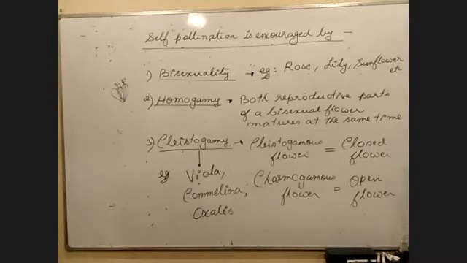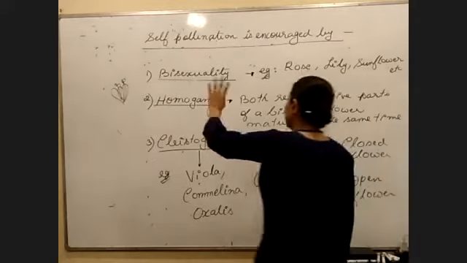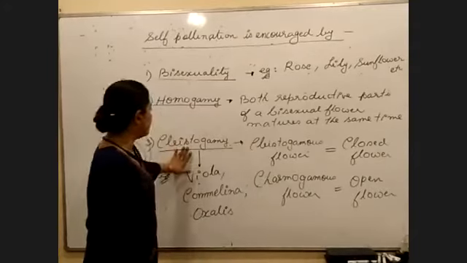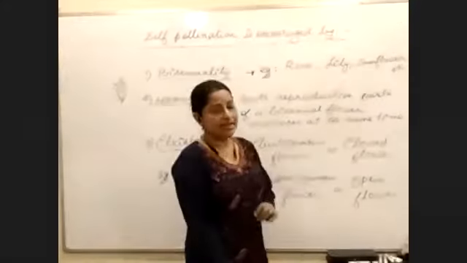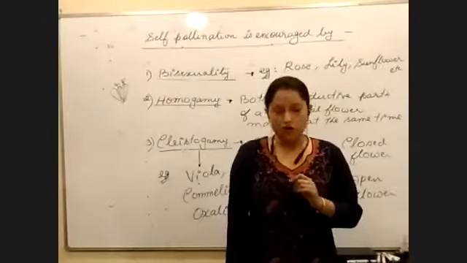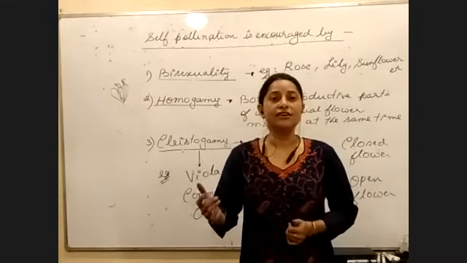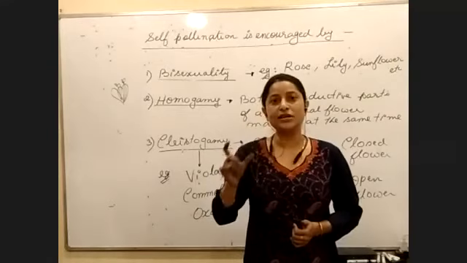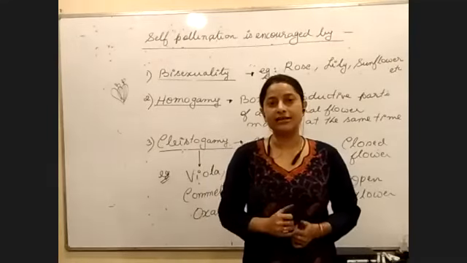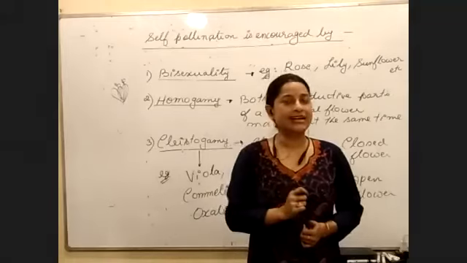Are there more questions? From the examination point of view, what questions can come out of these conditions we will study? A question may come: for self pollination to occur, the type of flower necessary is unisexual or bisexual, so you have to take the word bisexual.